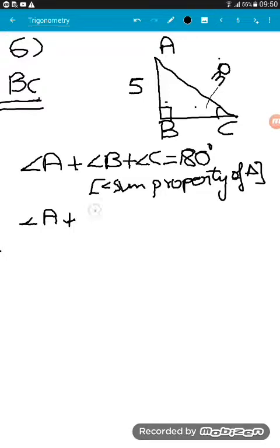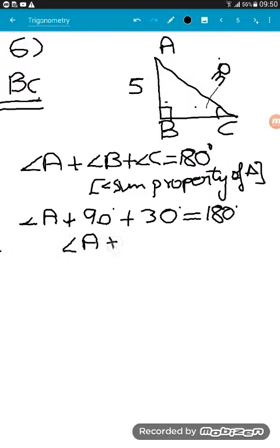Angle B is given 90 degree, as it is perpendicular, so it will be 90 degree plus 30 degree gives us 180 degree. 90 plus 30 is nothing but 120. Therefore angle A plus 120 equal to 180 degree.